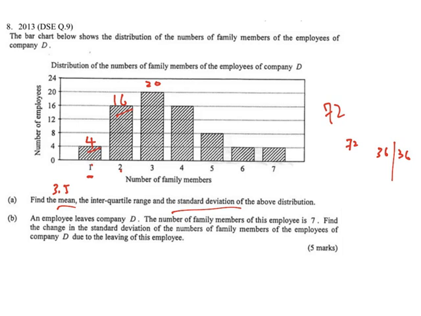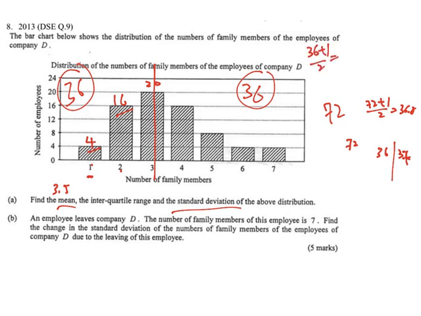And then 20 plus 20 is 40, so the 36th is here, between 36 and 37, because you can use 72 plus 1 divided by 2, 36.5. And then there are 36 on the left and 36 on the right, and then we find the median of each group. So 36 plus 1 divided by 2 is 18.5.